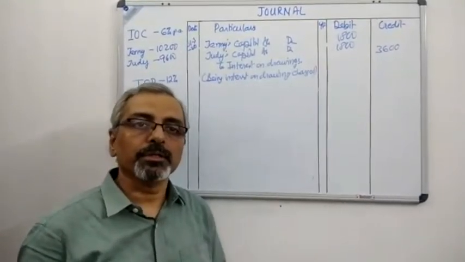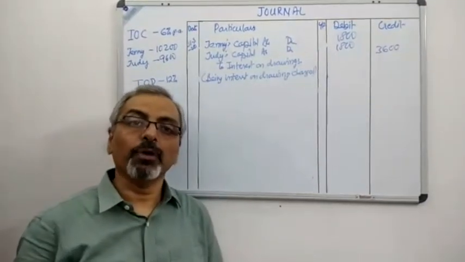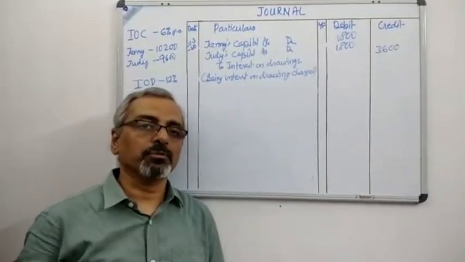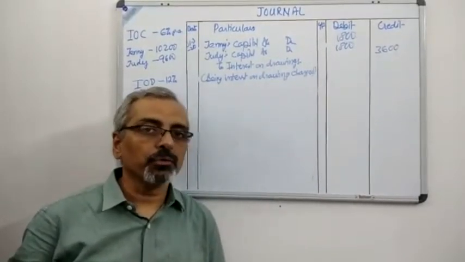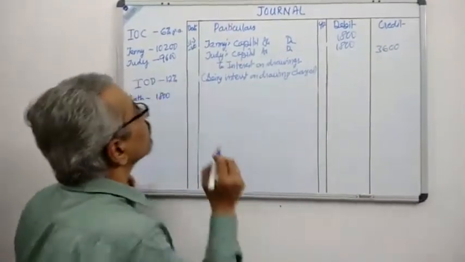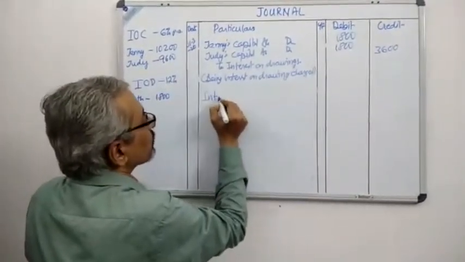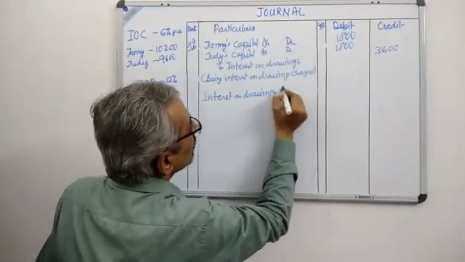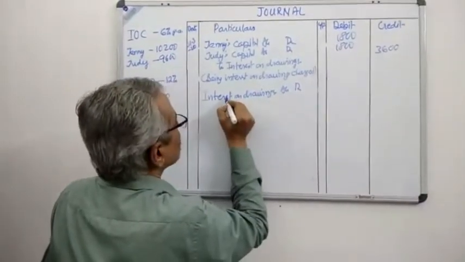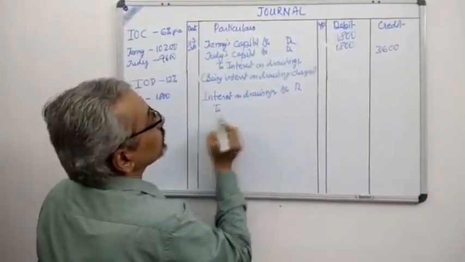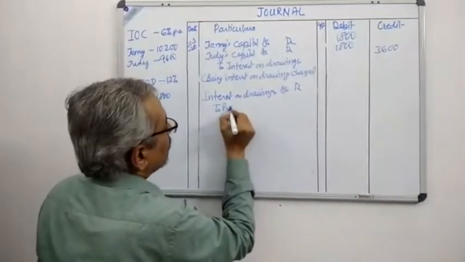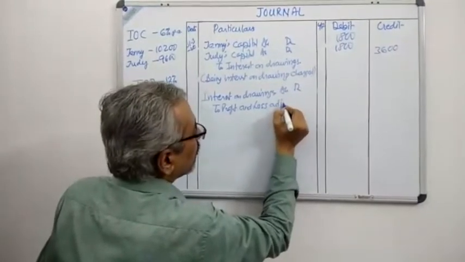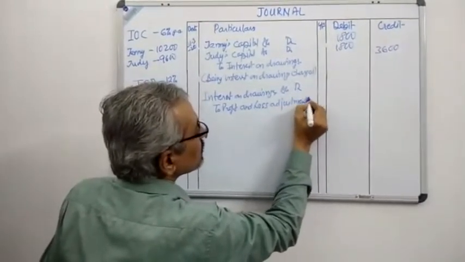The next journal entry will be the transfer journal entry of the interest on drawing, and where it will be transferred? It will be transferred to the profit and loss adjustment account. Remember, we are doing sums in which we are passing separate journal entries for each and every error. So the next journal entry is interest on drawing account debit to profit and loss adjustment account.